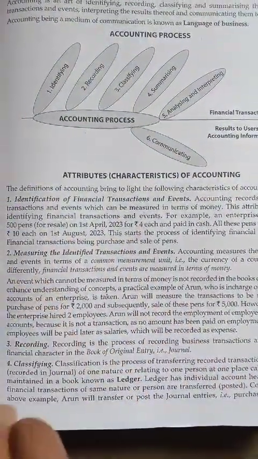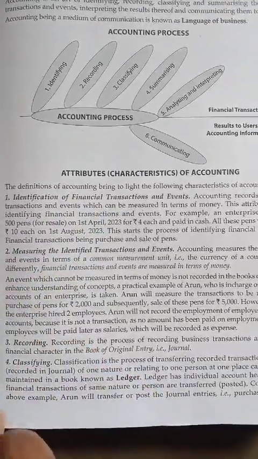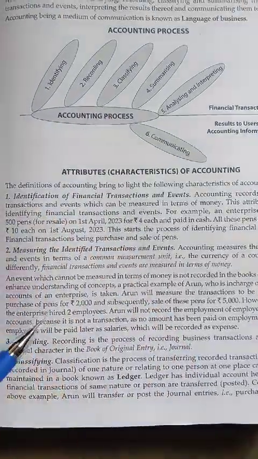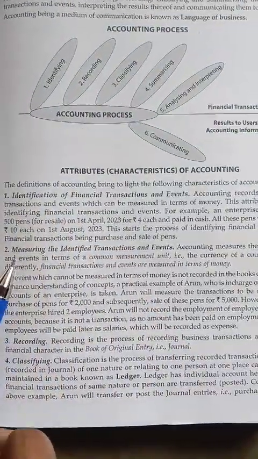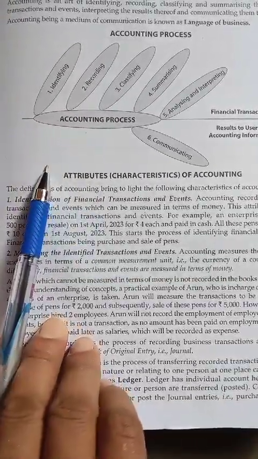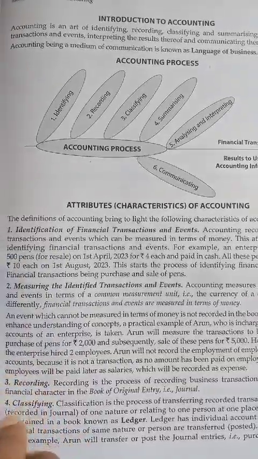So after identifying the transaction, we have to record in the books of accounts. This recording is generally called passing journal entries transaction-wise in the books of accounts.